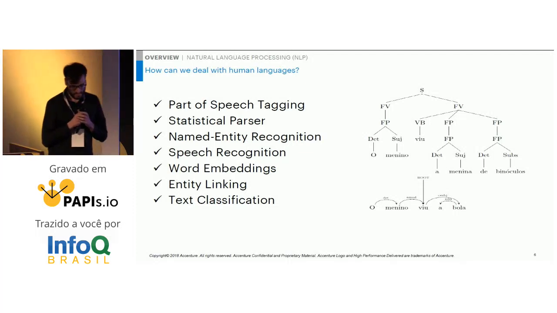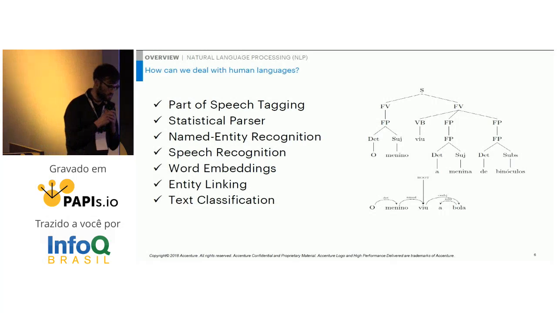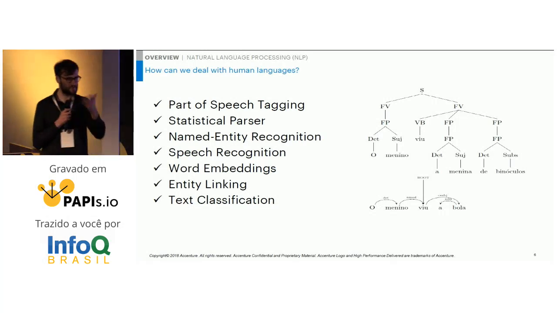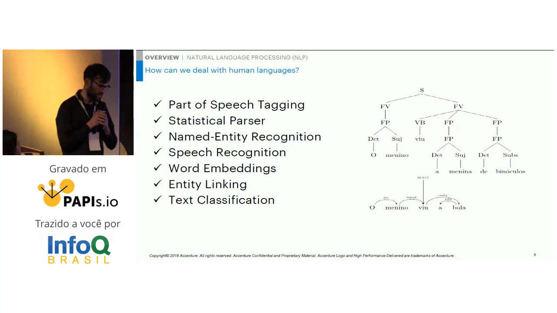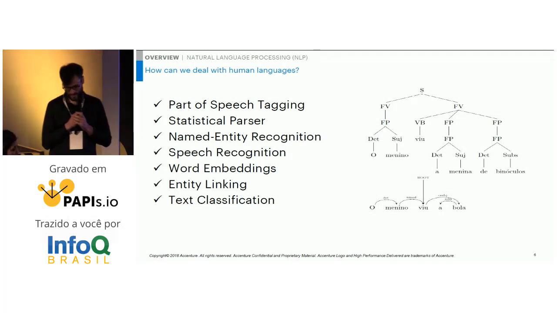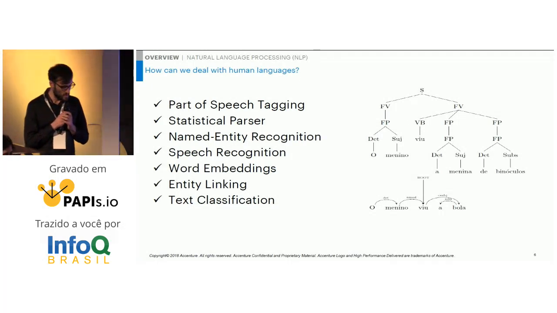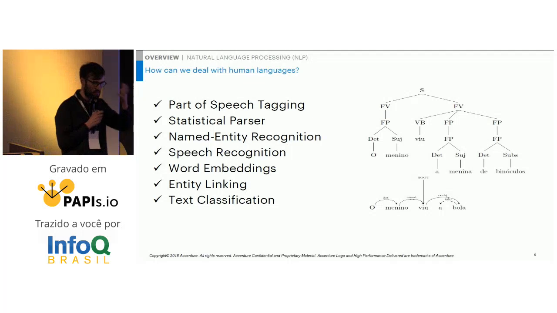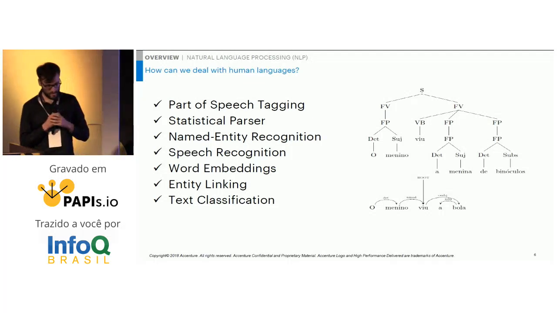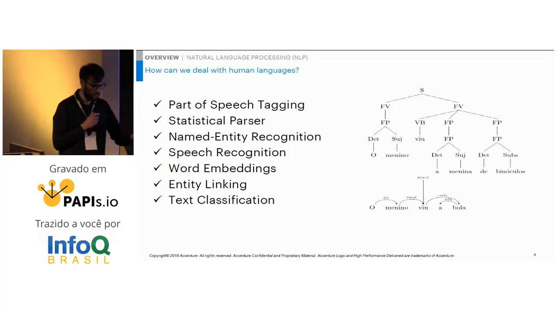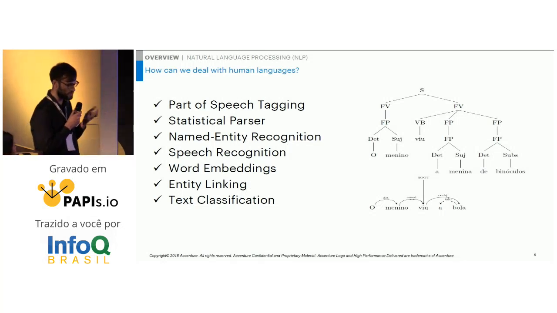Basically, understanding is important. Why? I don't know if you notice, we speak natural language. Portuguese is a natural language. English is a natural language. Spanish and other kinds of natural languages. So it's hard to understand what everyone is trying to say. So we need to construct and try to understand these.